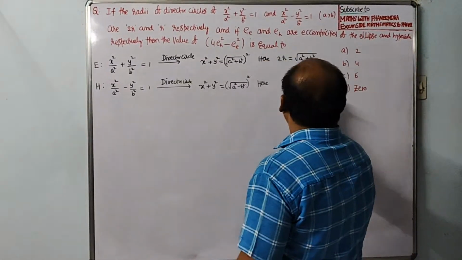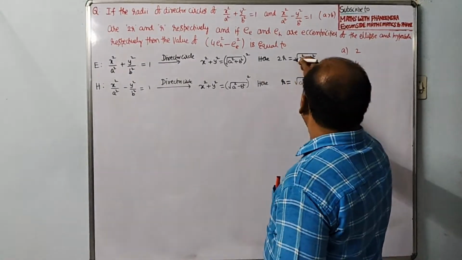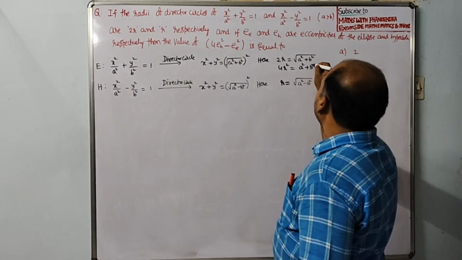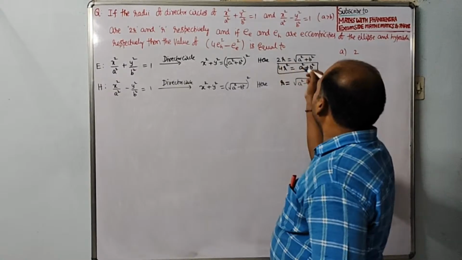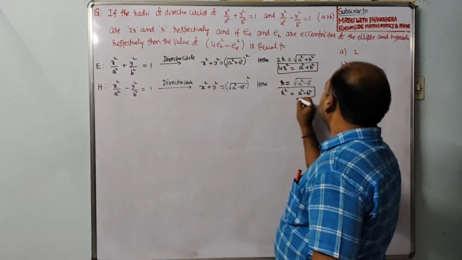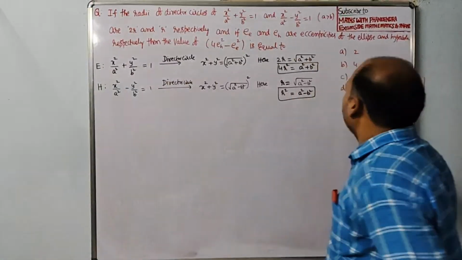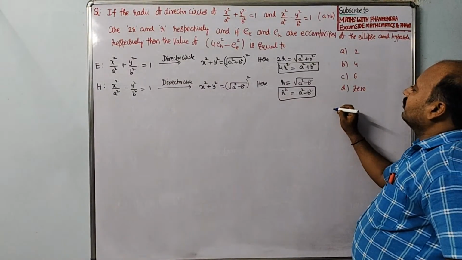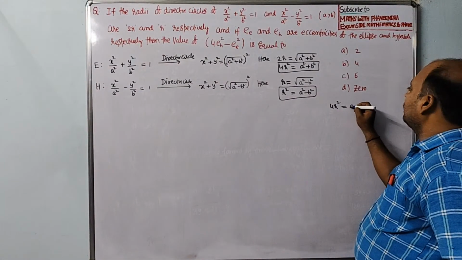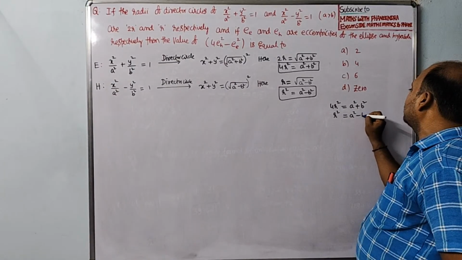So if you do squaring on both sides, 4r square is equal to a square plus b square, and here also r square equal to a square minus b square. If you solve these two, subtract one from other: 4r square equal to a square plus b square, r square equal to a square minus b square.